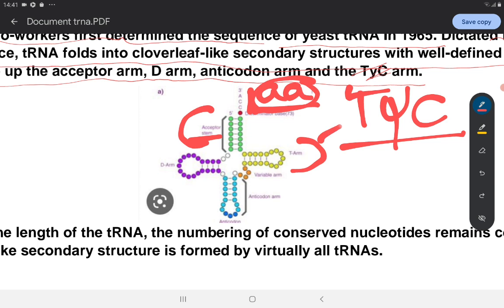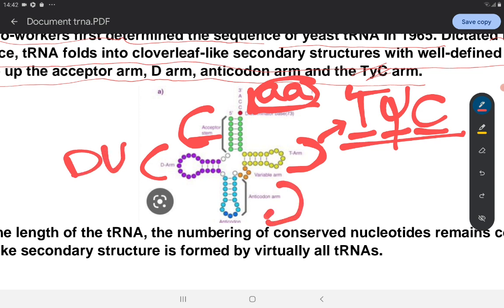This is the T-Psi arm, which has thymine for T, pseudouridine for psi, and cytosine for C. This is the D-arm, which has dihydrouridine, an unusual base, and this is the anticodon arm and anticodon loop, which actually connects to mRNA and reads the mRNA. Right? So these are the loops and the stems that are present in the clover leaf-like secondary structure.